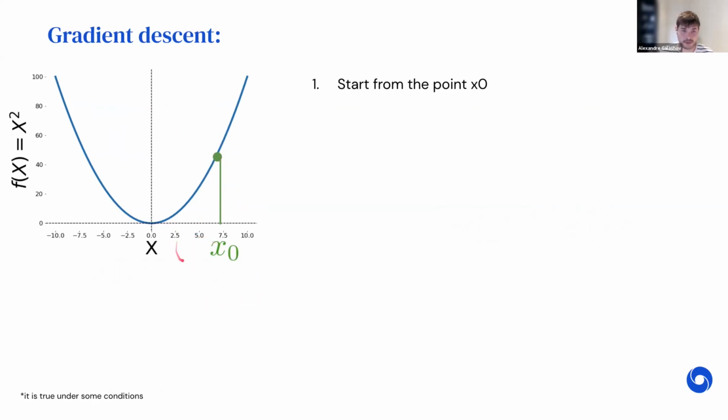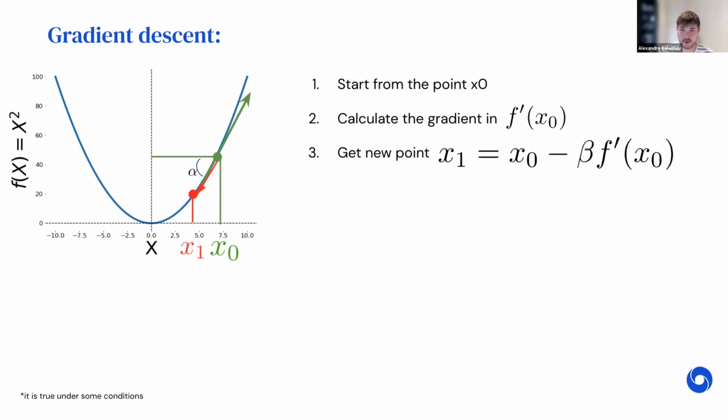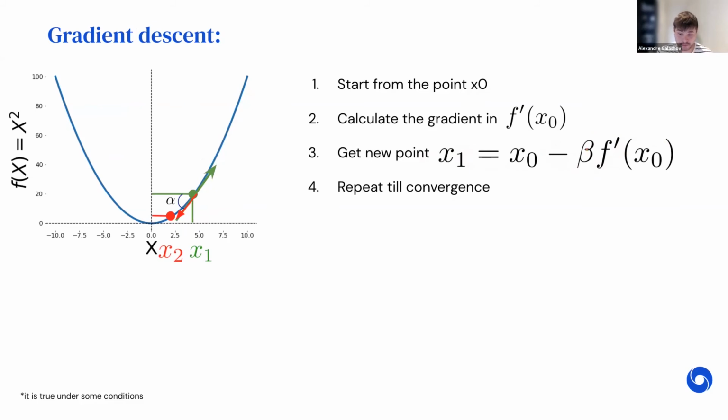We take some point x0, any point on your function. You calculate the gradient of the function at this point. You move to a new point x1 by decreasing x0 by the gradient, multiplied by a small parameter beta, and you repeat this process till things don't move. We call it convergence.